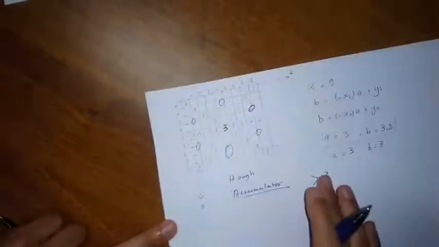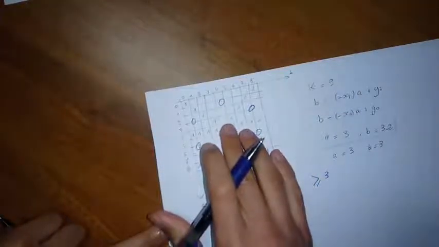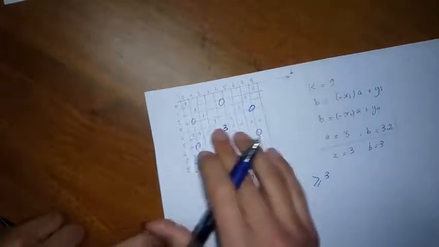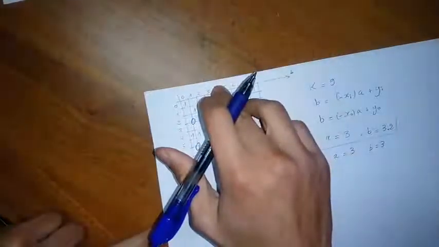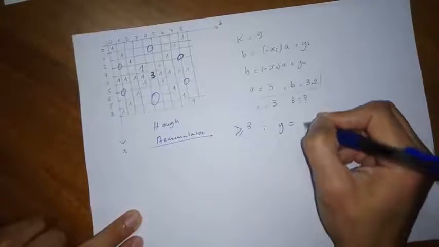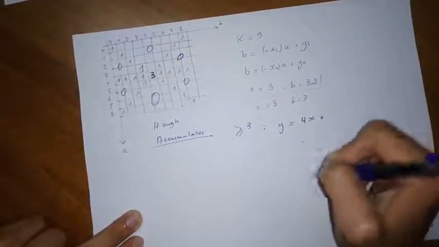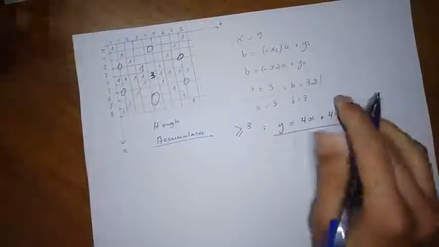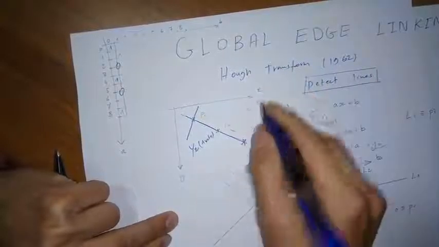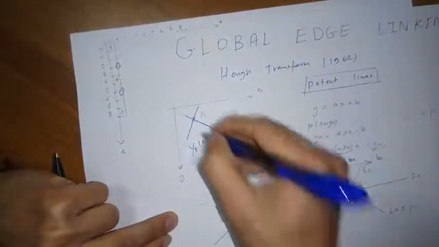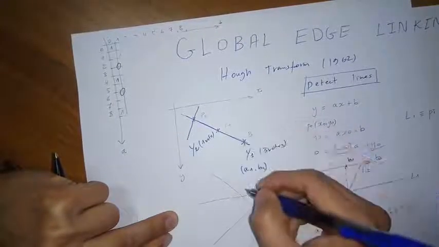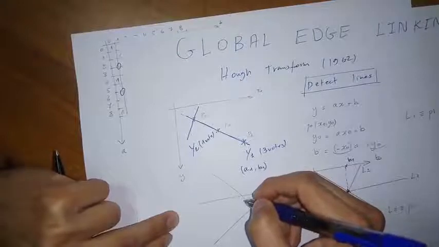In this case, I would get this cell, which corresponds to the value of 4 for A and the value of 4 for B. So the line that I would have detected is given by y equals 4x plus 4, and I should plot this line on this x and y space. This line would have a slope of 4 and an intercept of 4.